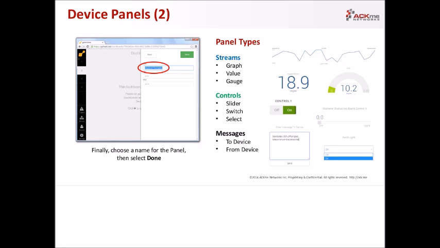You can see the select down on the bottom right there, which is an on-off, but selects are typically used where you have multiple options, like a thermostat with fan, auto, off, or a multicolored light that might be red, green, or blue. And there are panel types for messages, so that you can enter a message to a device or receive messages from a device.